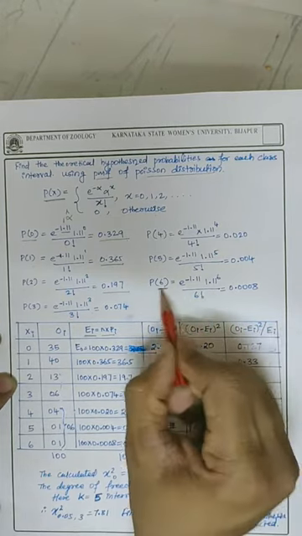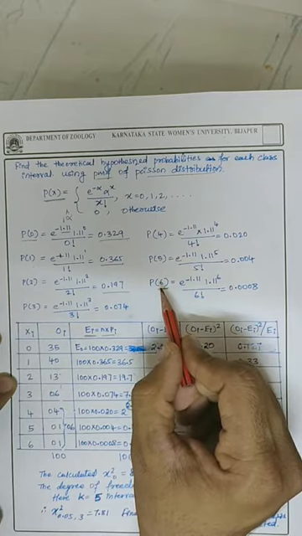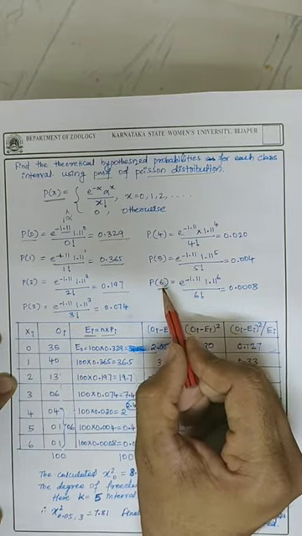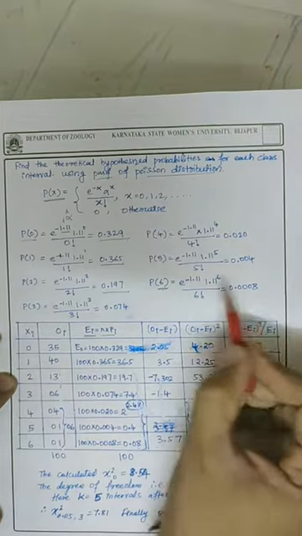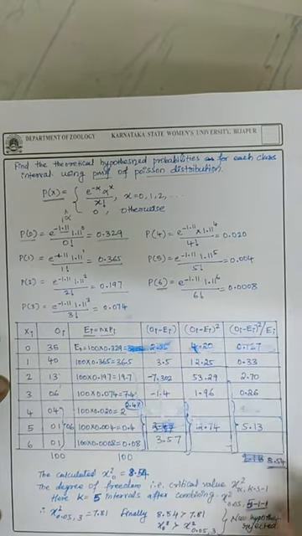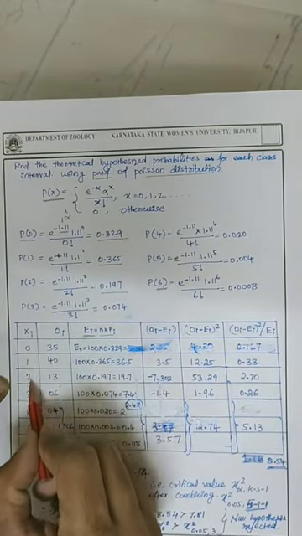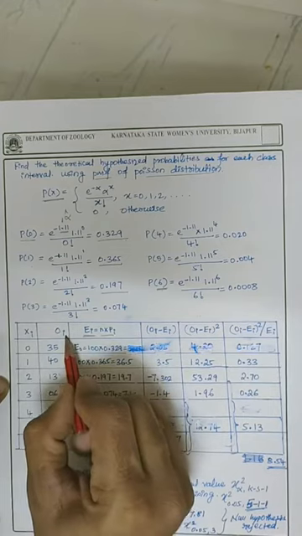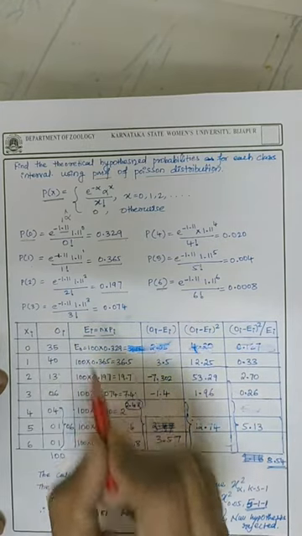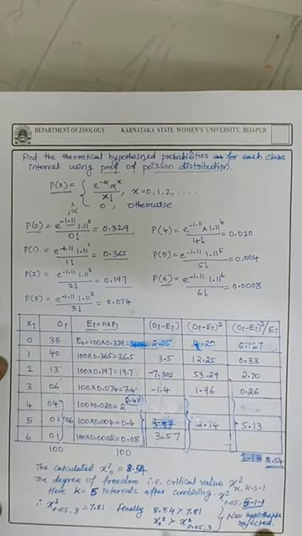Once we have calculated all the hypothesized probability values, next we have to find the expected value of each interval. So we will construct a table with all the values. List out all the intervals xi, and oi is the observed frequencies, which are given along with the problem statement.